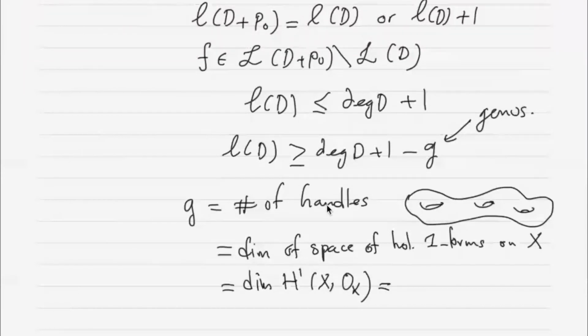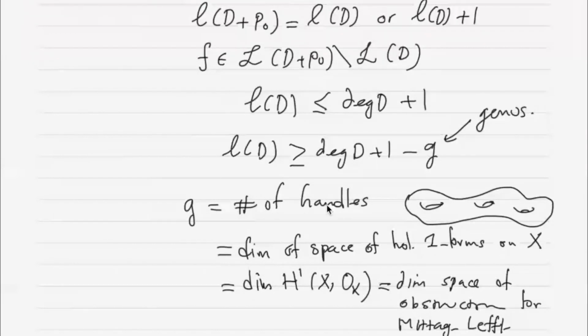I told you that this is the same as the dimension of the space of obstructions for a problem which is called the Mittag-Leffler problem. So I explained to you what this problem is last time.